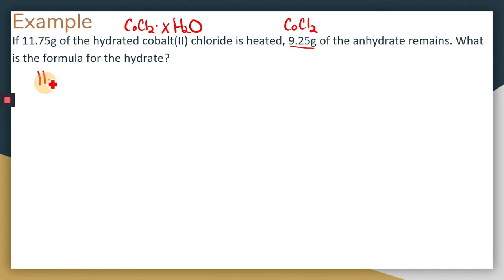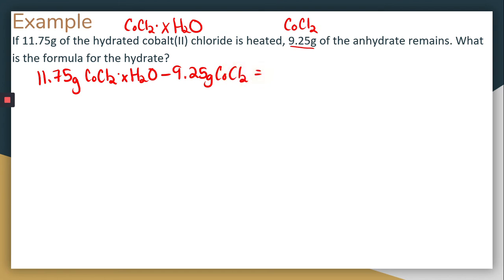So the first thing that we're going to do is we are going to subtract to figure out how much water we have. And so we have 2.50 grams of water. I put the 0 there so that it matched the significant figures.